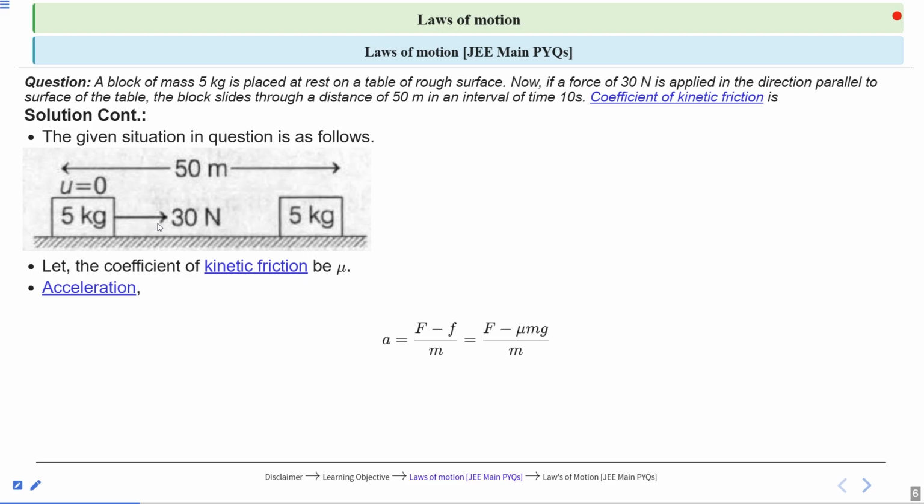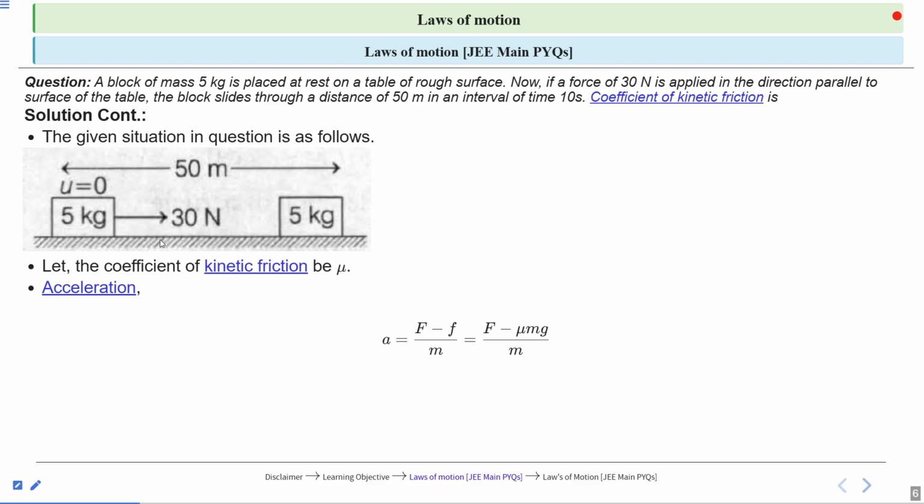So we know Newton's second law of motion, that is, the total force applied on a system is equal to mass into acceleration. And if we want to calculate the acceleration, it should be total force divided by mass. So here the total force is the applied force minus the frictional force. Capital F is the applied force and small f is the frictional force.